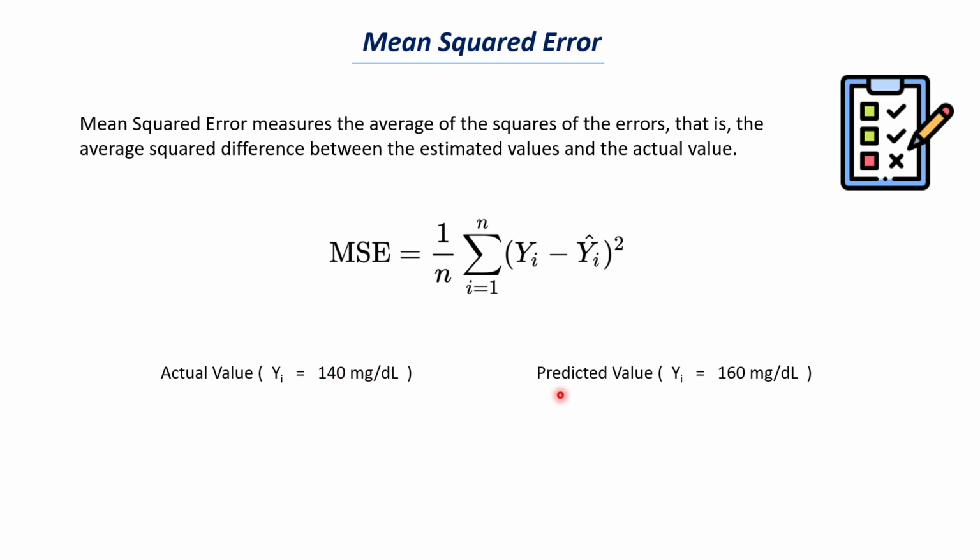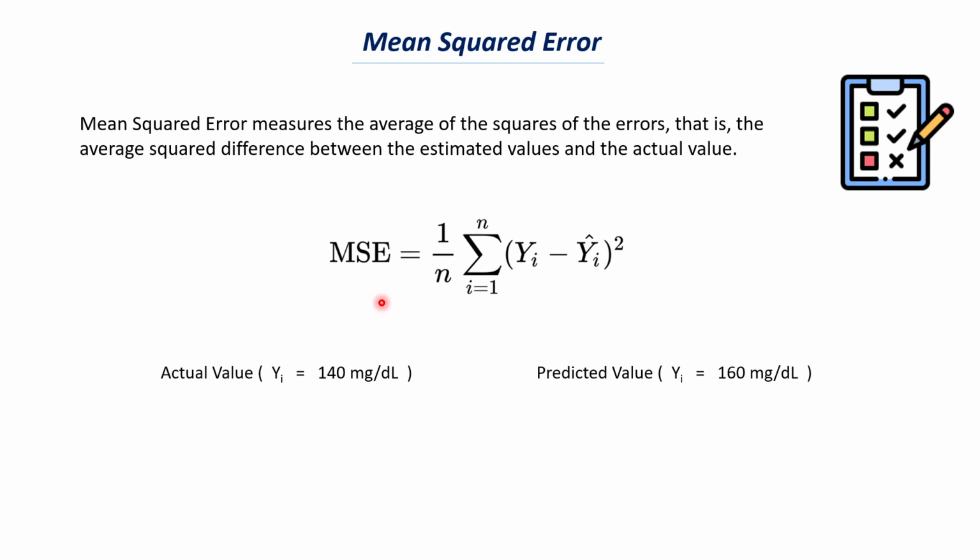Now we need to look at the magnitude of the data. The values are like 140 milligram and 160 milligram, so the average is about 150 milligram per deciliter. In this magnitude of 150, an error of 10 is kind of more. It's not very high, but it's kind of high, right?